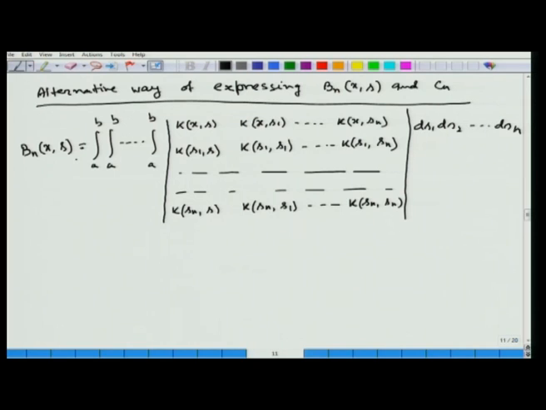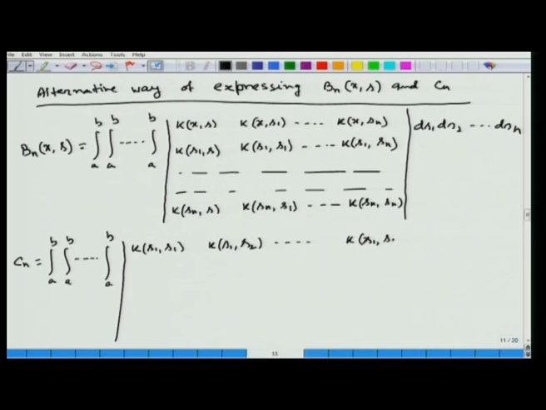This is the expression for Bn(x, s), and Cn is defined by integral a to b, integral a to b, integral a to b, of the determinant with first row K(s1, s1), K(s1, s2) up to K(s1, sn).